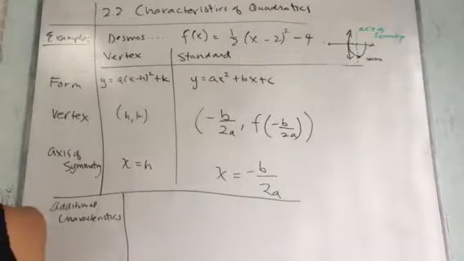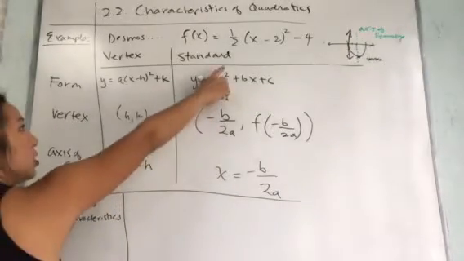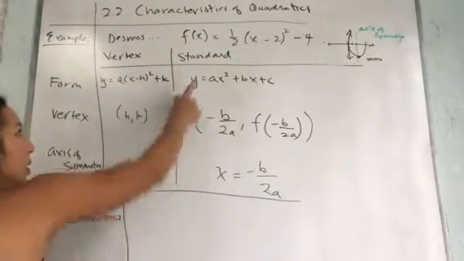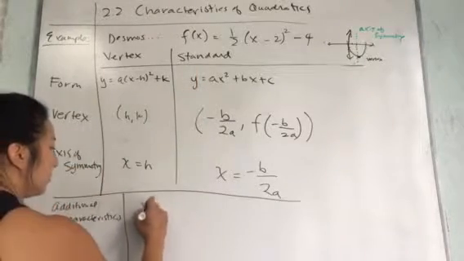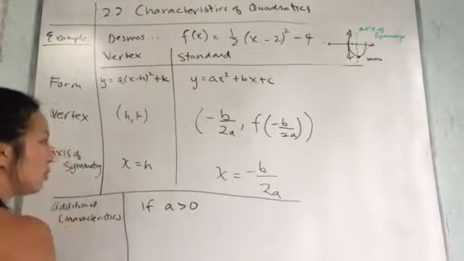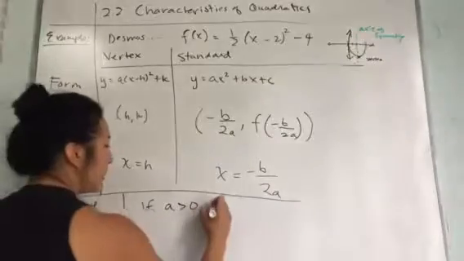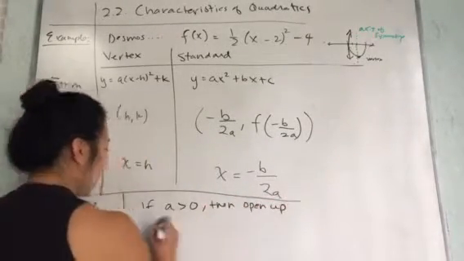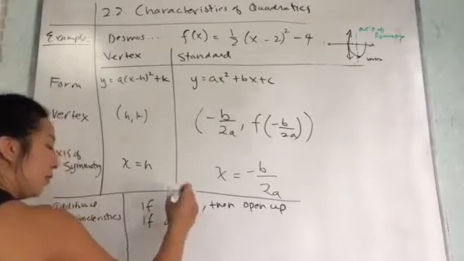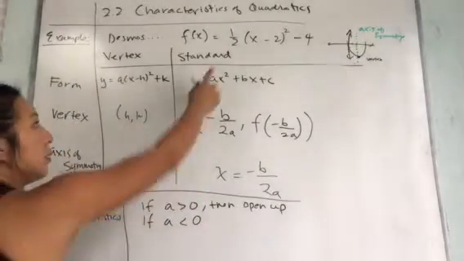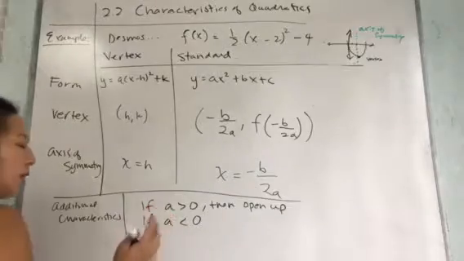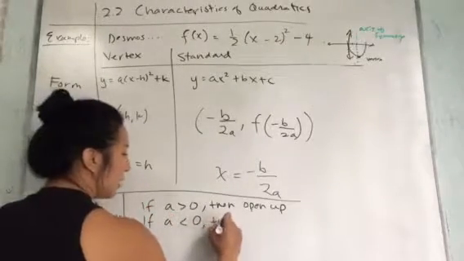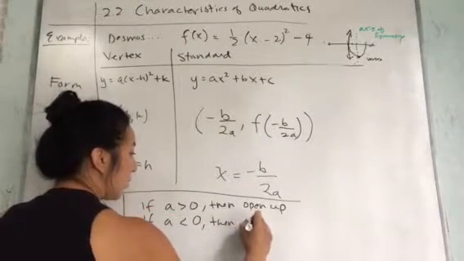If this coefficient in the front, which is A, is greater than 0, then your parabola is going to open up. And obviously, if the coefficient is less than 0, or if this is a negative value, it's basically reflected over the x-axis, then you're going to have a parabola that opens down.